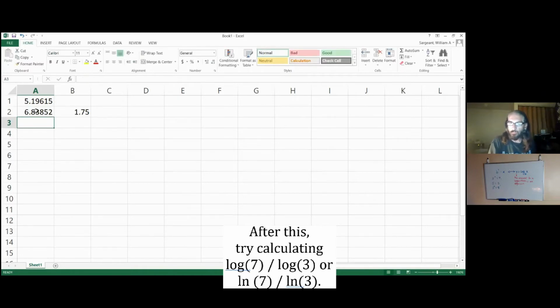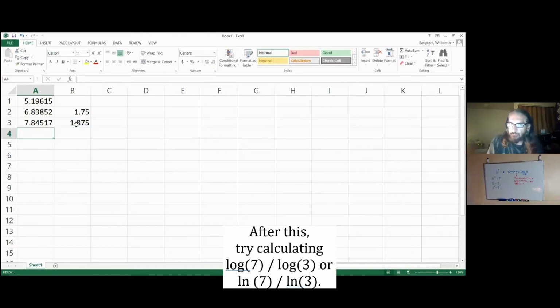That's too low. So again, I'm going to go up halfway between the 1.75 and the 2. That's going to give us 1.875. So let's try raising 3 to that power.